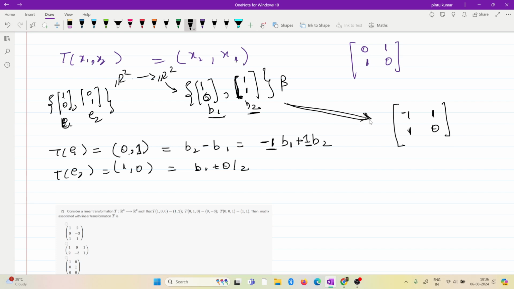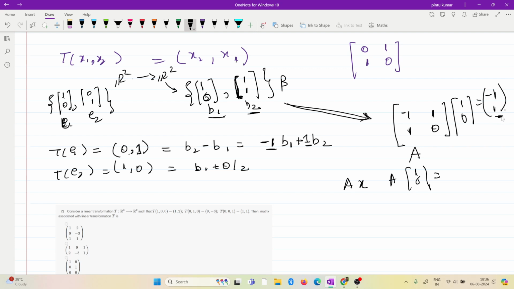Now let's say this matrix is A. If you obtain A times 1, 0, what you will obtain if you multiply this by 1, 0 is minus 1 comma 1, right?